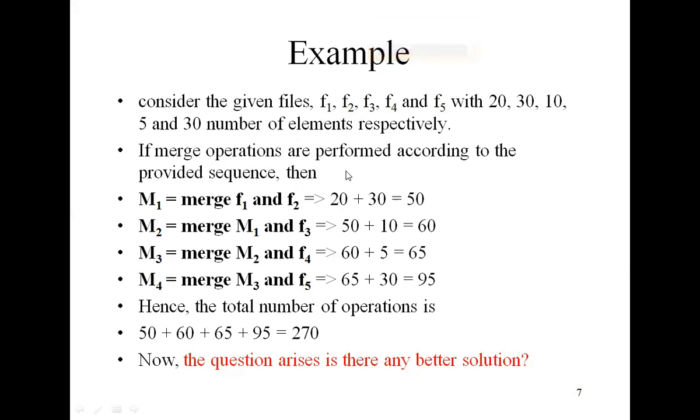So merge F1 and F2: 20 plus 30 is equal to 50.